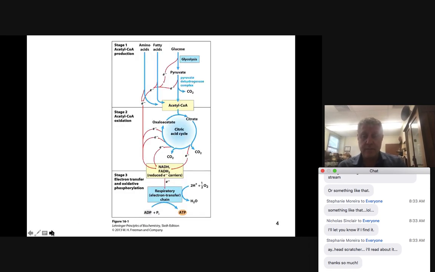So let's have a little bit of a think of an overview of what I'm talking about. Here we haven't studied amino acids or fatty acids coming into the pathways yet, but these will come into the main system of acetyl-CoA.